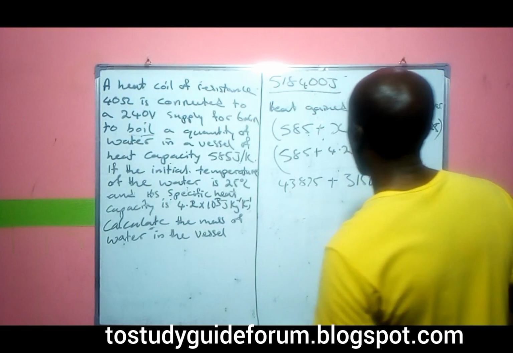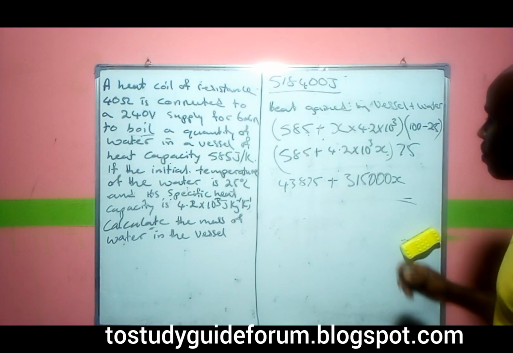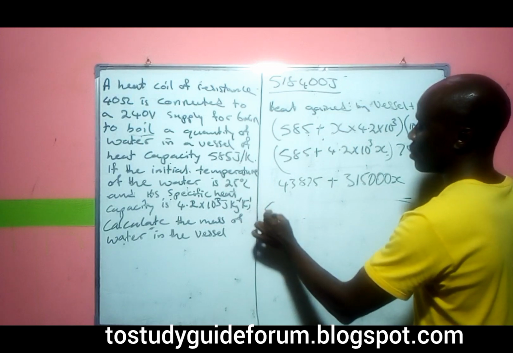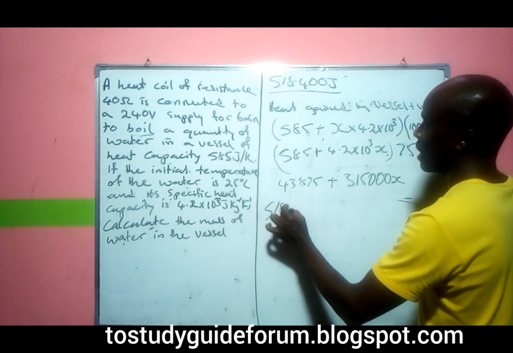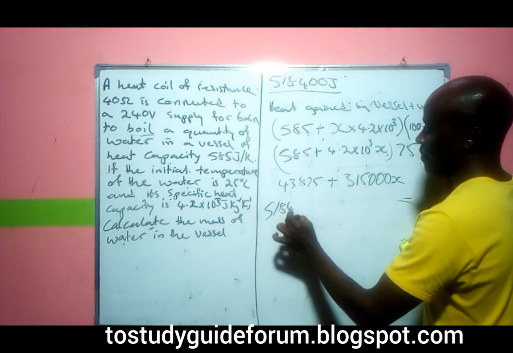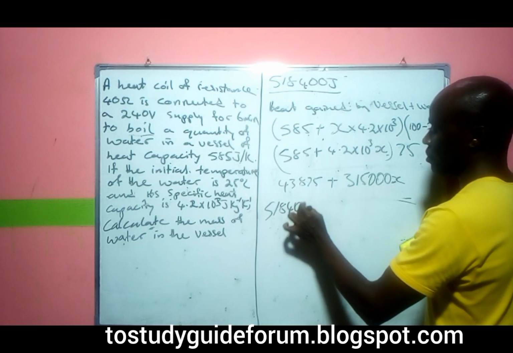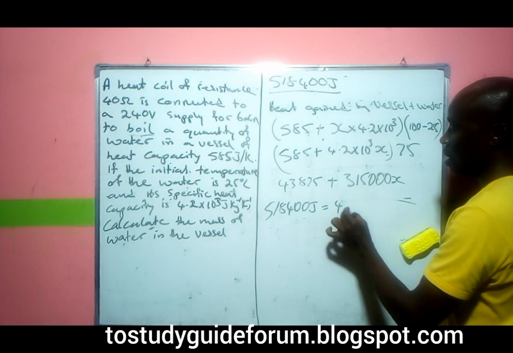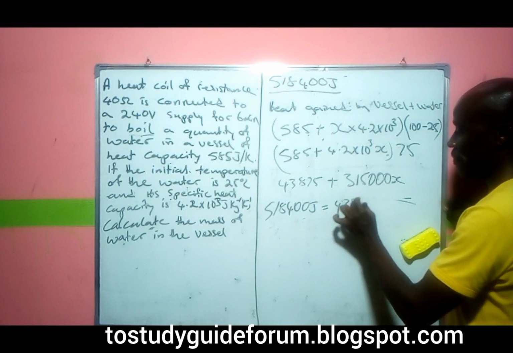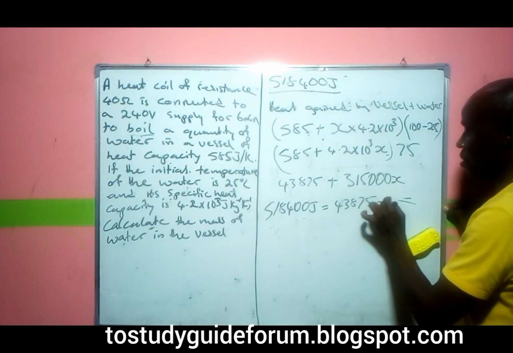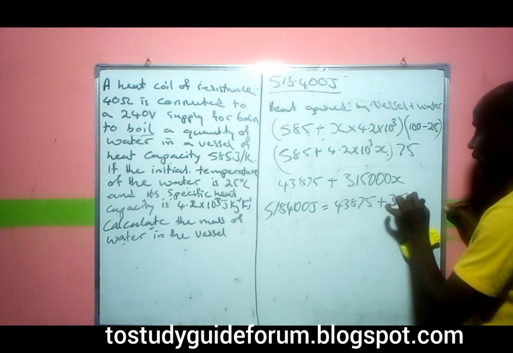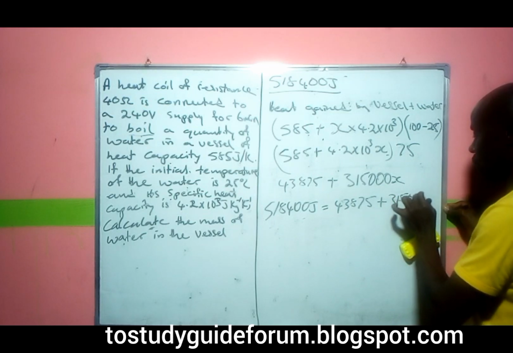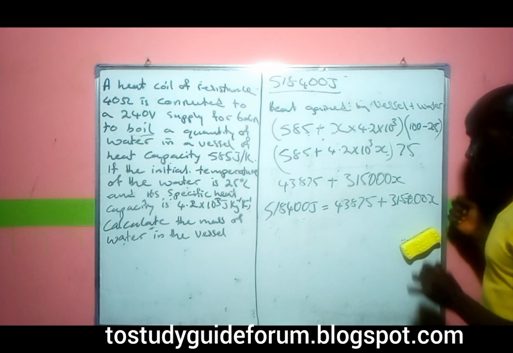Now we'll go back to what we have. The quantity of heat supplied, the total heat supplied to the vessel and water, is 518,400 joules, equal to 43,875 plus 315,000x.